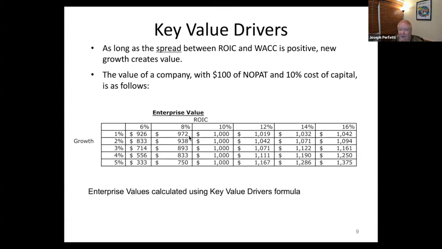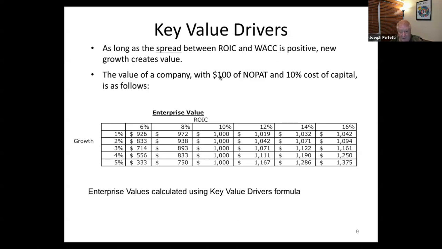If you remember our key value driver equation, we did it for continuing value in our DCF. We did it in week 1 for the class, and we've been using it all semester. So here's the way this table works. I've taken the key value driver equation.